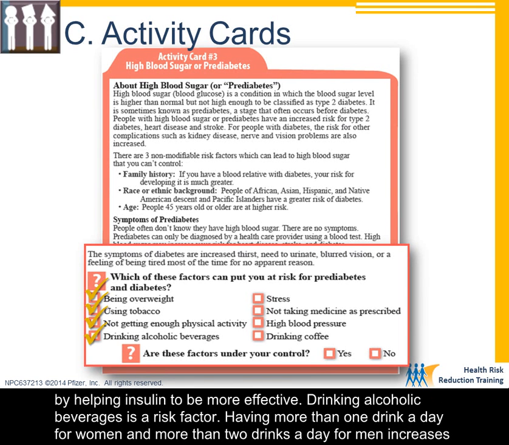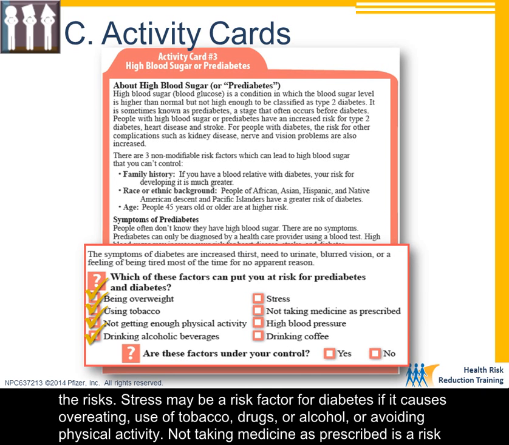Drinking alcoholic beverages is a risk factor. Having more than 1 drink a day for women and more than 2 drinks a day for men increases the risks. Stress may be a risk factor for diabetes if it causes overeating, use of tobacco, drugs, or alcohol, or avoiding physical activity.